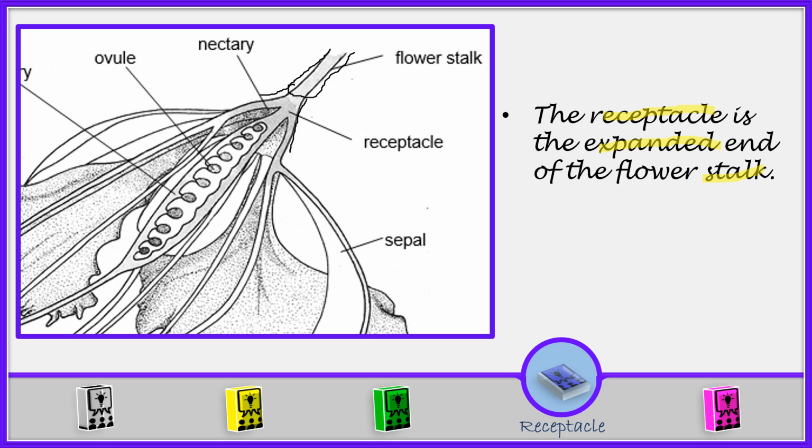And when it expands, that expanded part is what we call the receptacle, on which the different flower parts are attached. The receptacle attaches itself on the flower stalk, which attaches it to the branch of the plant.